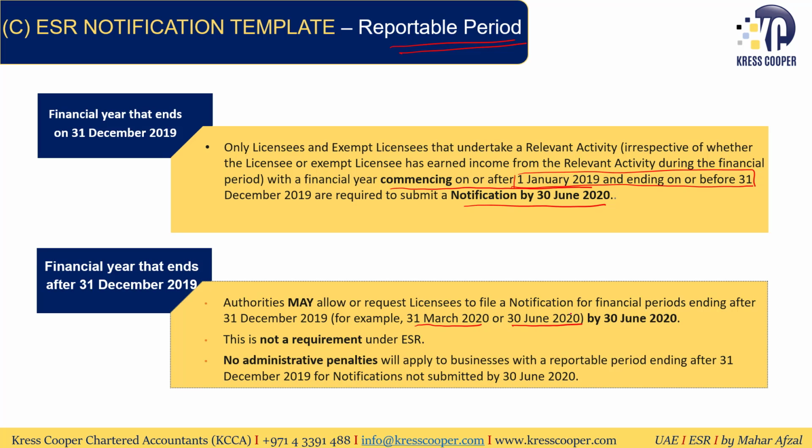In this situation, it has been very clearly given in the question and answer session that the licensee is not compulsorily required to submit the notification, but the authority may allow the licensee to submit the notification. This is not a requirement under the ESR. No administrative penalties will be applicable in case the licensees are not submitting the notification.